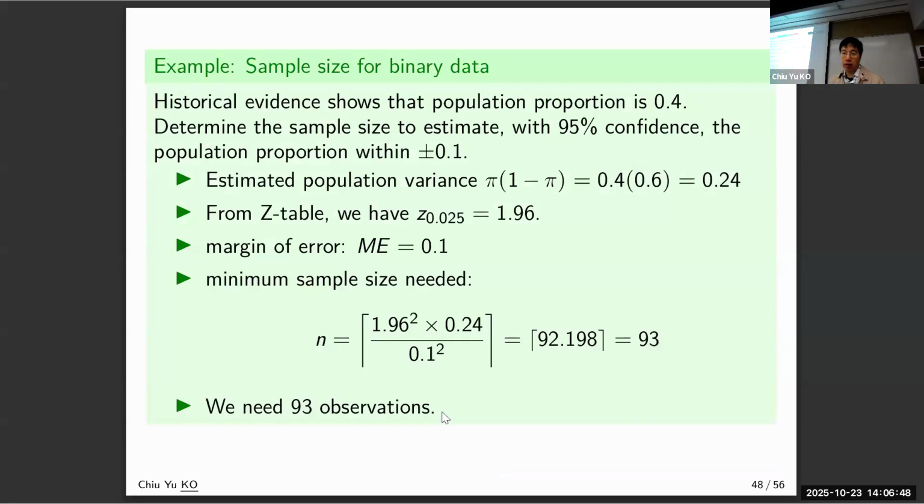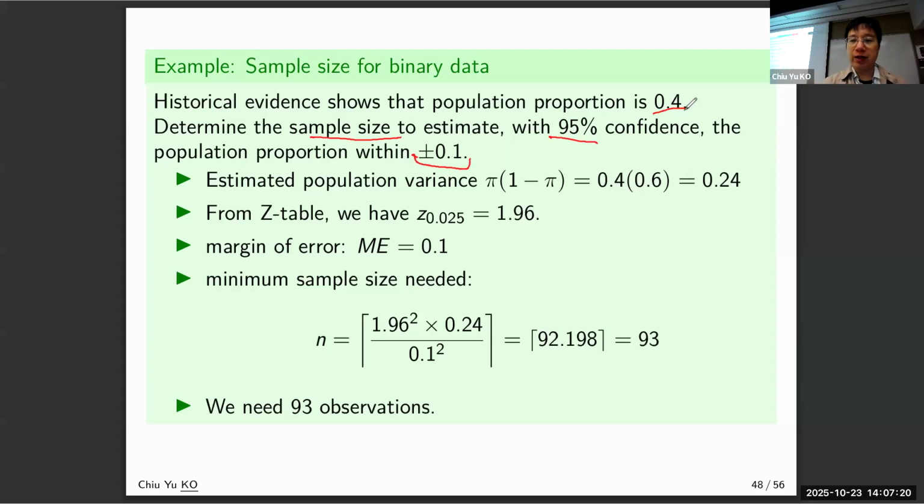Now, the question is the following. If I know 0.4 is the population proportion, say 40% of people like spicy food, and you want to do another estimate, you want to see how large a sample size you need. You want a 95% confidence interval, and at the end you want the margin of error to be 1%, right?